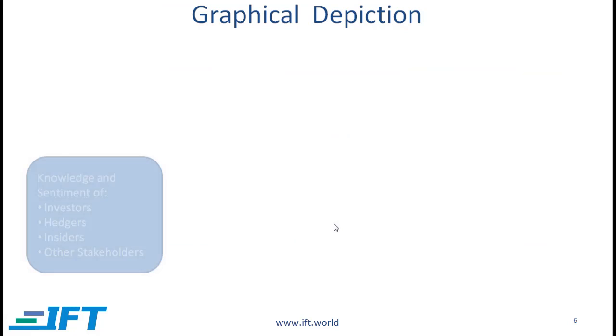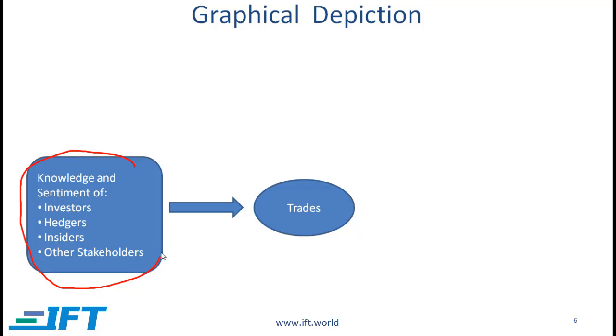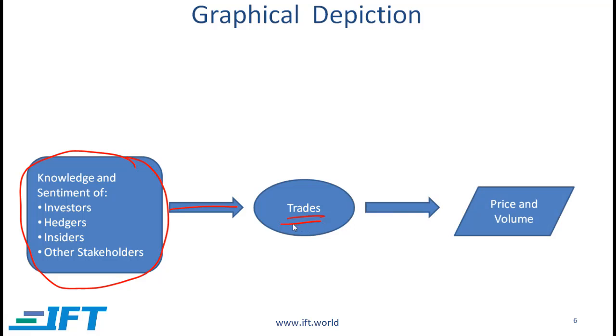Here is a graphical depiction of how technical analysis works. At any given point in time, there is a certain knowledge and sentiment that investors have and other market players such as hedgers, insiders, other stakeholders. So there is this collective knowledge and sentiment which impacts the trades which take place related to a given security. It is the trades that impact the price and volume data of a security.